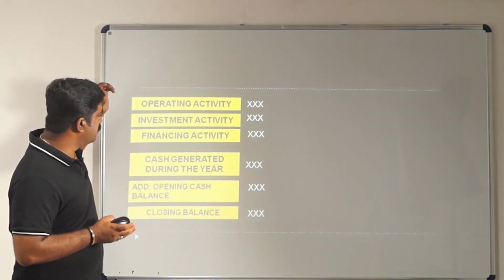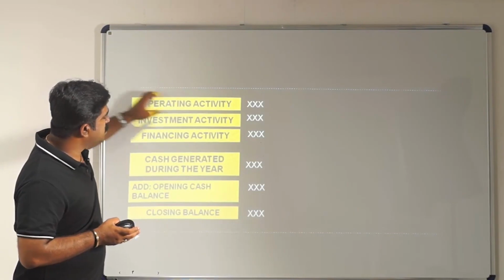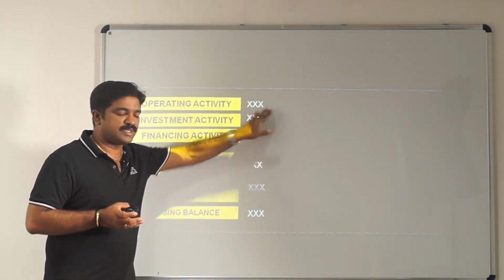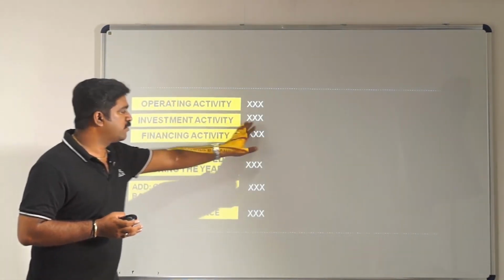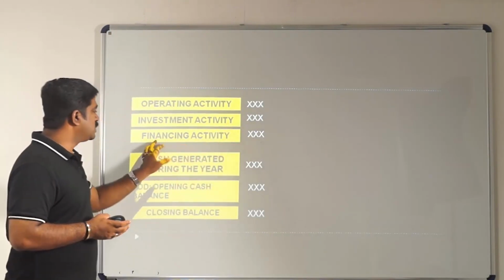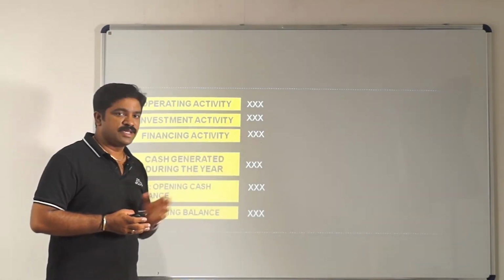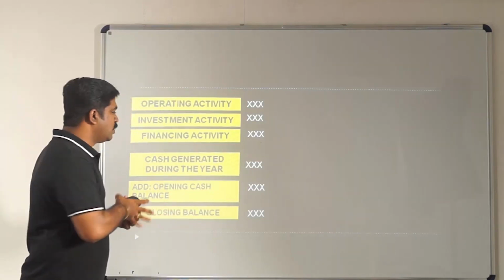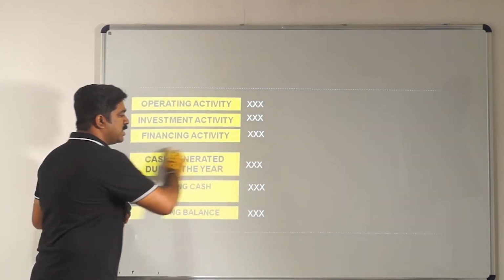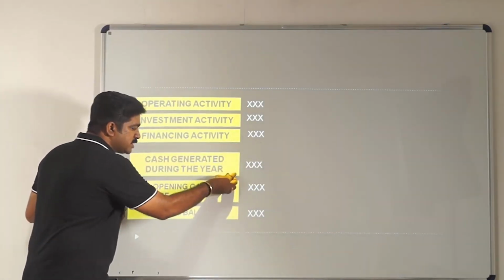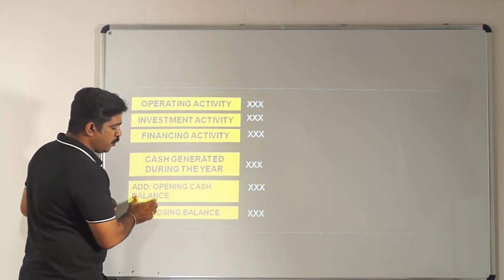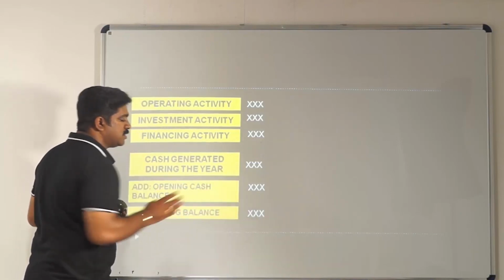The cash flow statement would give us an idea how much cash has been generated from operating activity, how much from investment activity, how much from financing activity. So all the 3 put together would tell us what is the cash generated during the year. Now with this cash generated during the year, if we add the opening balance, automatically we should get the closing balance.